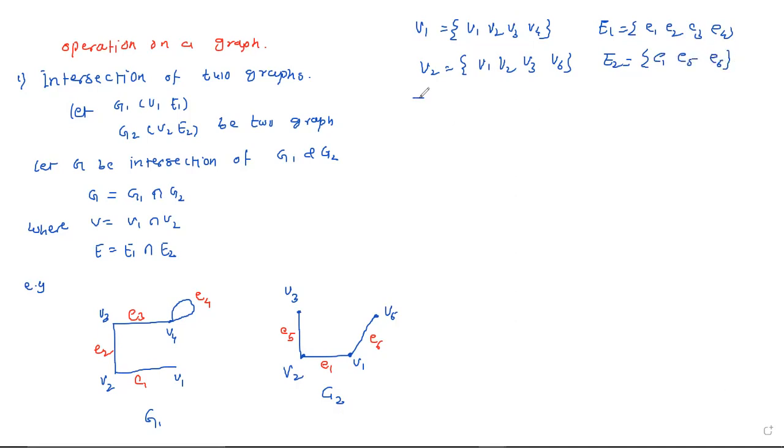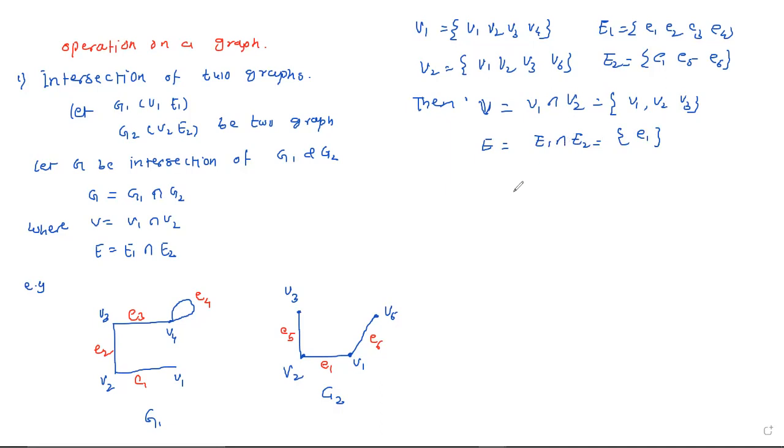Okay, so then what is V? V is equal to V1 intersection V2. So this gives V1 common, V2 common, V3 common. So we have V1, V2, V3. And edge set for the new graph is E1 intersection E2. So we have E1.